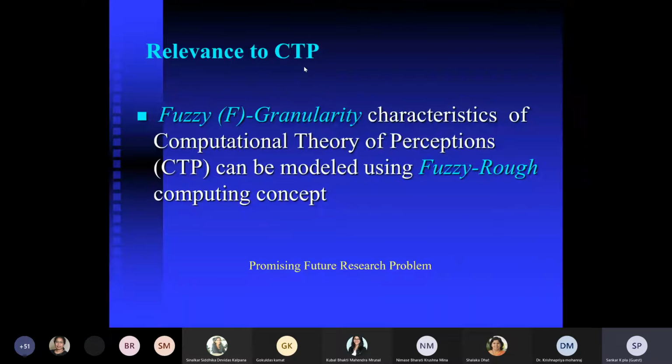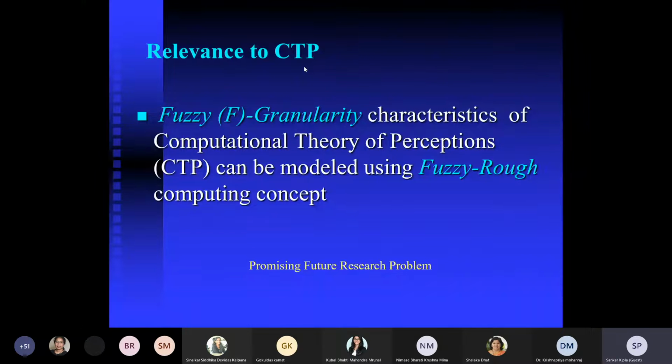That means they are fuzzy. Therefore, perception is characterized by fuzzy rough computing. So you can try to model this fuzzy granularity characteristic of the computational theory of perception using the fuzzy rough computing concept. So it has a very strong future perspective.